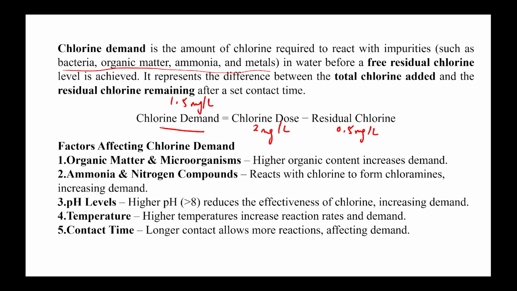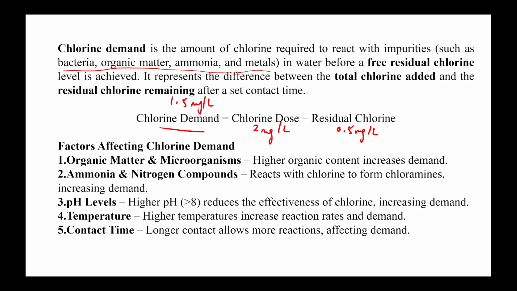The presence of hypochlorous acid is highly dependent on pH, because after a certain point the hypochlorous acid will start converting into hypochlorite ions. So higher pH reduces the effectiveness of chlorine, because at higher pH more of the ionic form will be present and less of the acid form. The acid form is the effective form of chlorine, so this increases the demand.